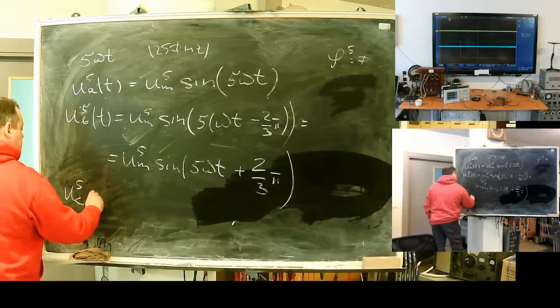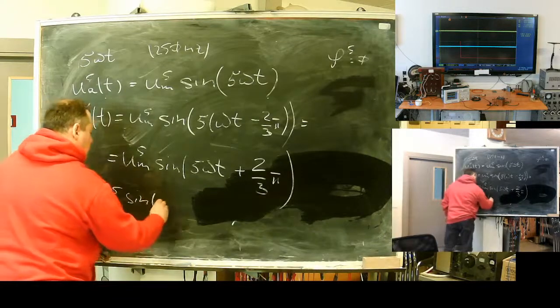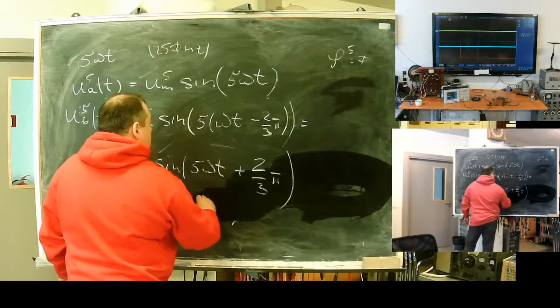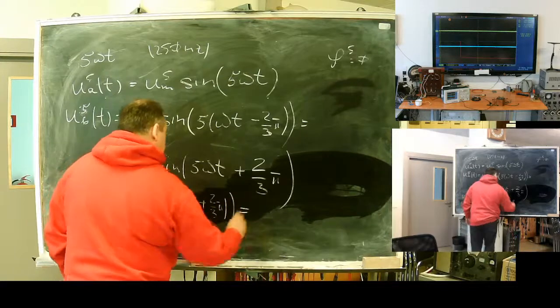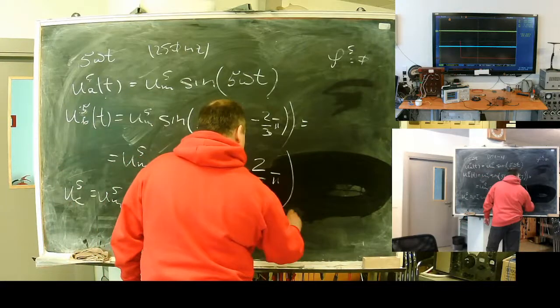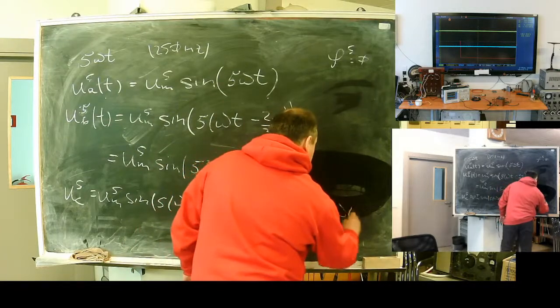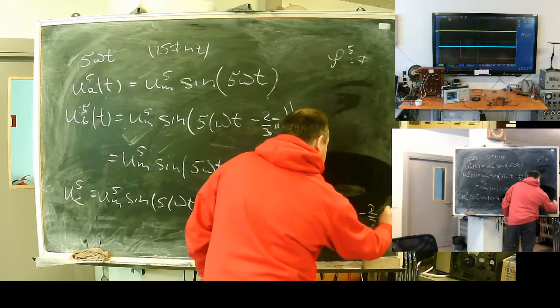The same for the C phase, being sine 5 omega t plus 2/3 pi, equals sine of 5 omega t minus 2/3 of pi.